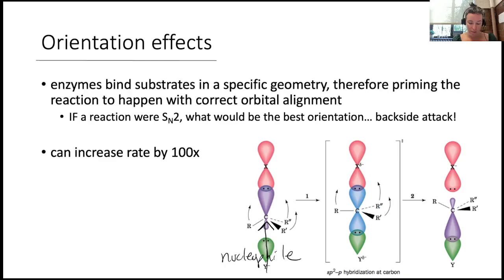You see how these orbitals are aligned with each other. If that nucleophile instead had been coming in from the side, it would not have been in alignment with any orbital to form a bond, so no reaction could happen. So what enzymes do, not only are they bringing these substrates close together, they are aligning them so that when they bump, the reaction can happen. And this increases rates by 100 times.